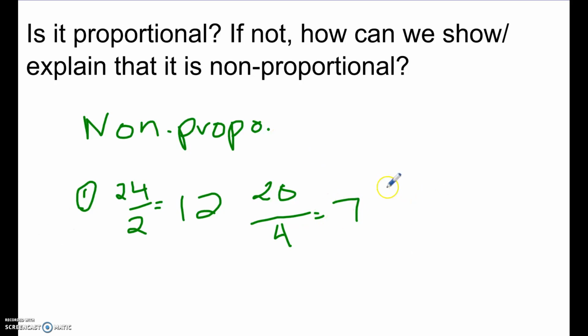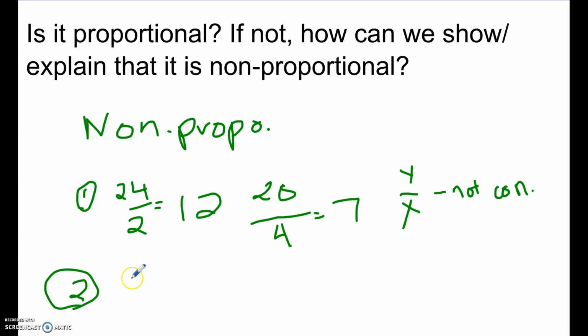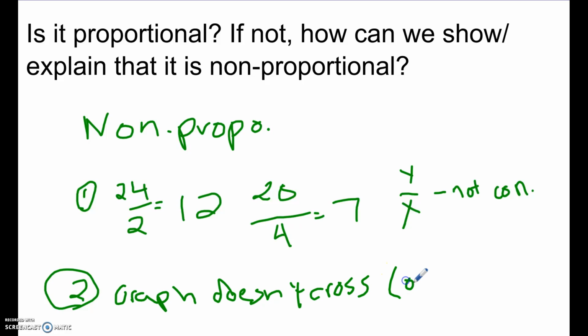Right off the bat, my y over my x is not constant. My other way I can explain is that my graph does not cross or go through the point 0, 0, the origin.